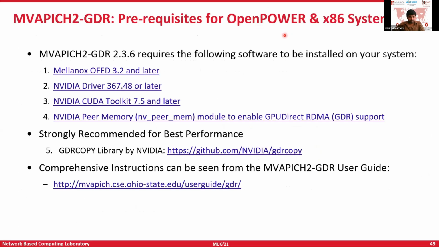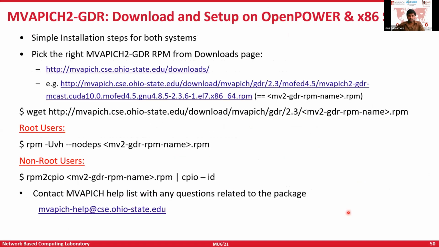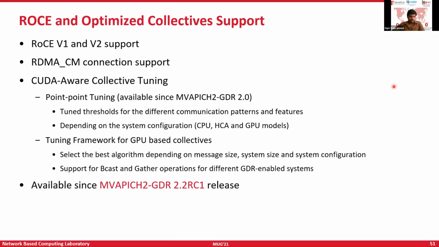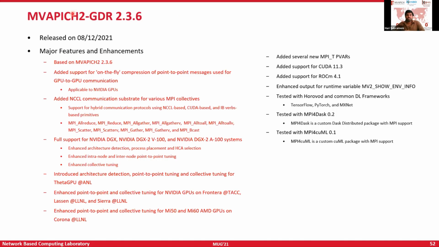Okay. And these are some of the prerequisites. At this point in time, we do have support for the AMD GPUs as well as the NVIDIA GPUs. And this is how you download and use it. And this is the latest set of features that we added for the MVAPICH2-GDR 2.3.6 release.